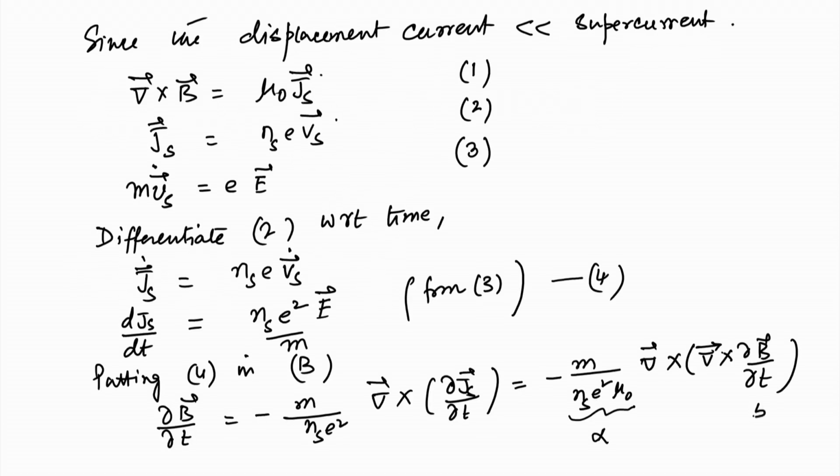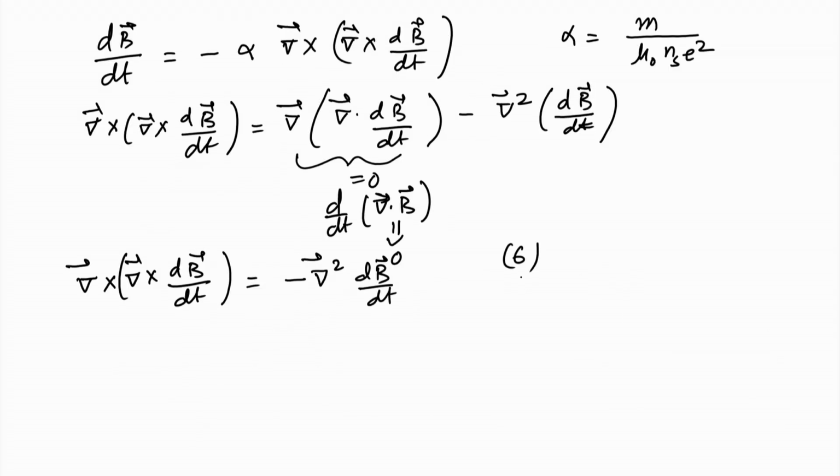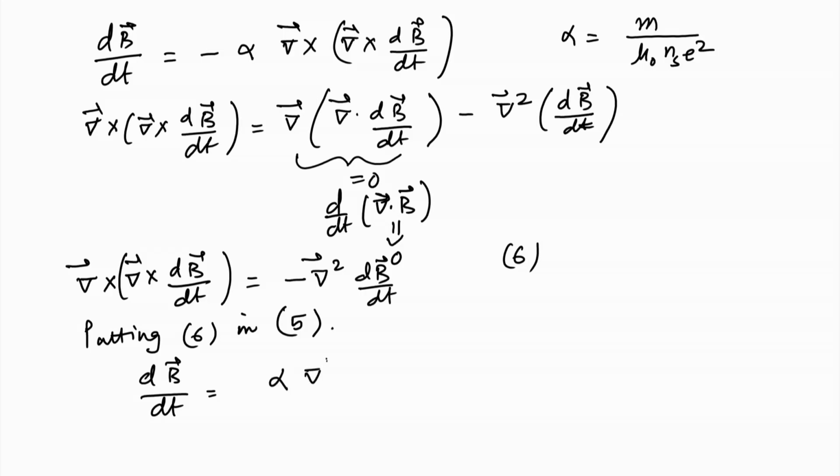Let us call it equation 6. Putting 6 in 5, and doing a time integral, this can be written as B equal to alpha del square B.